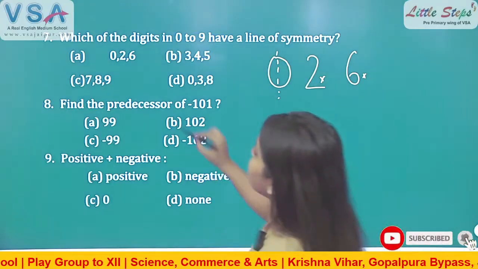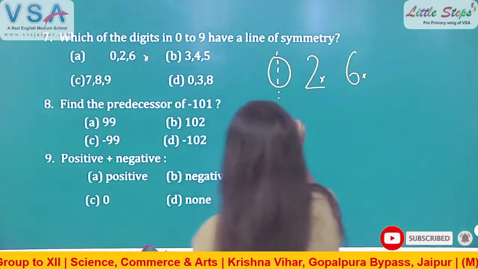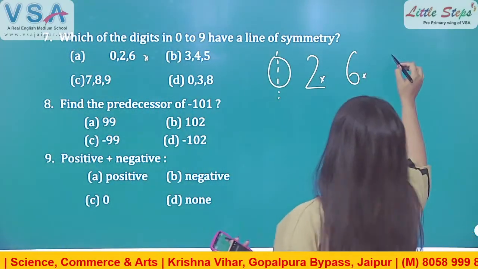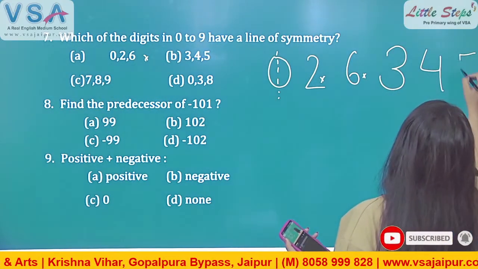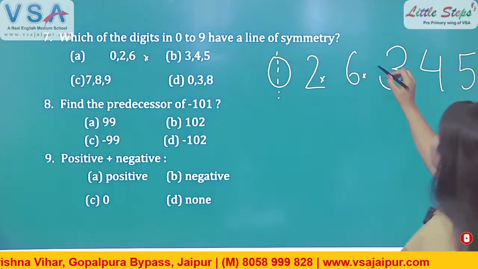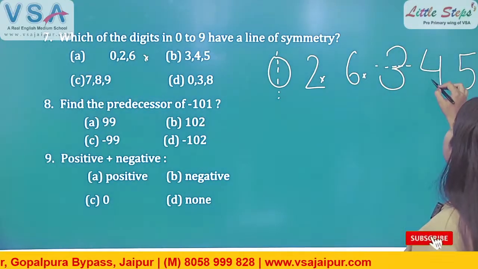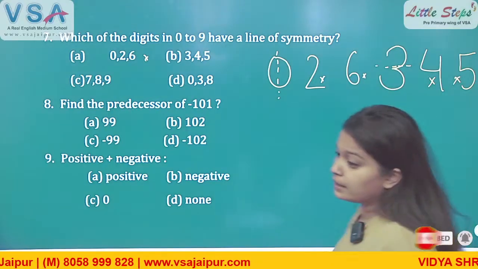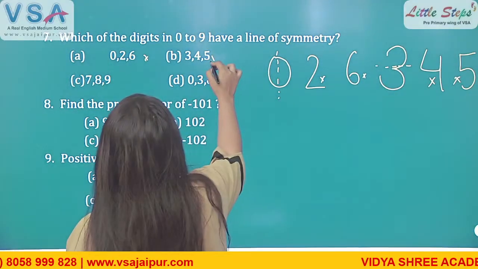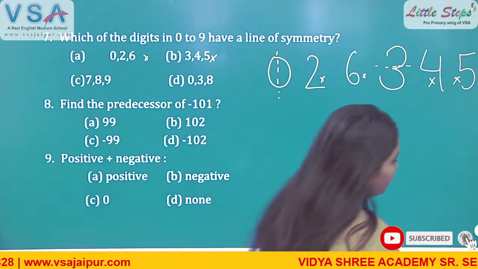So option A is not the answer. Next, 3 4 5. We can draw a line of symmetry in 3, but not in 4 and not in 5, so option B is also not the correct answer.